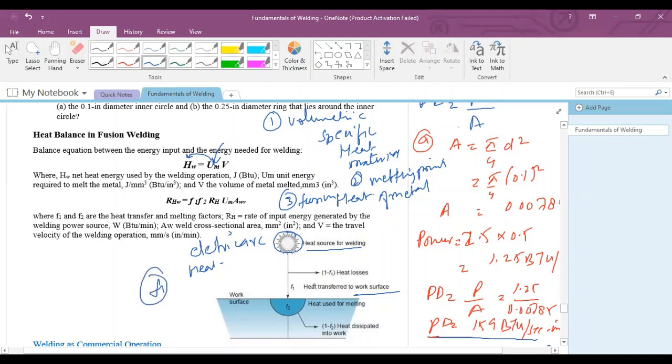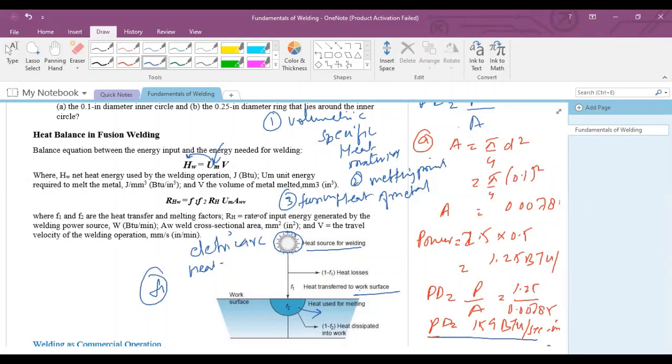When the heat is transferred to the workpiece, one part of the heat will be used to melt the metal, that is UM. As I have already told you, UM is the quantity of heat required to melt a material per unit volume, and HW is the net energy used by the welding operation. This is only used to transfer to the workpiece, that is HW.